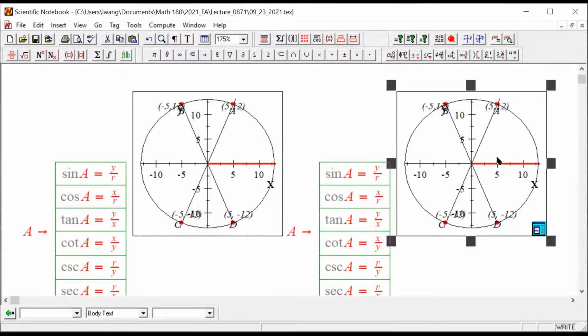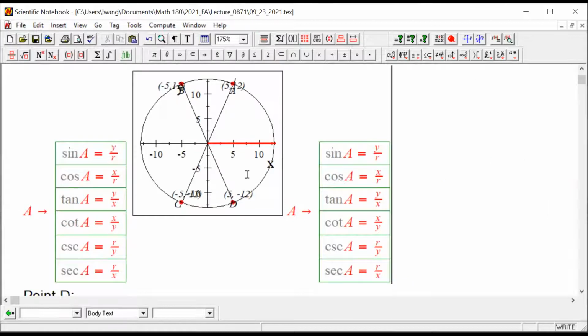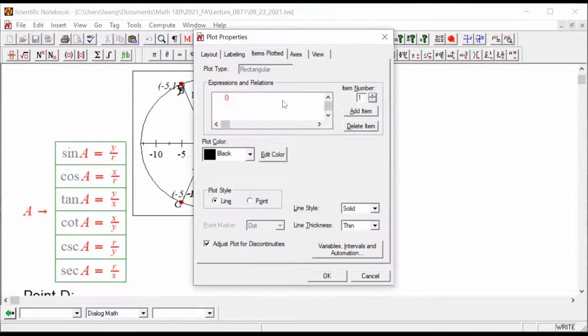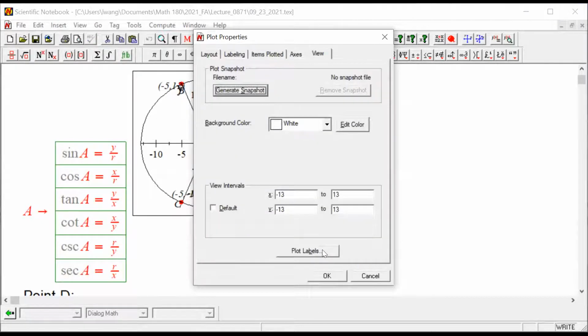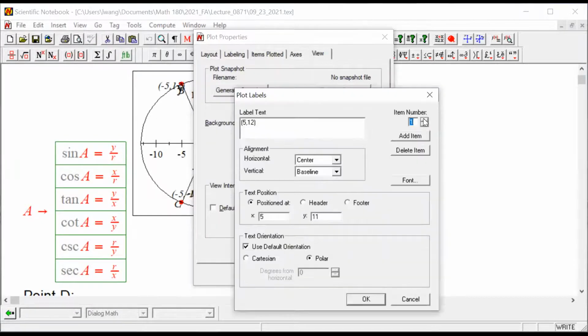The B point is so ugly, it's just a little bit too crowded. I need to do something. Okay, let me know if you have any questions, okay?